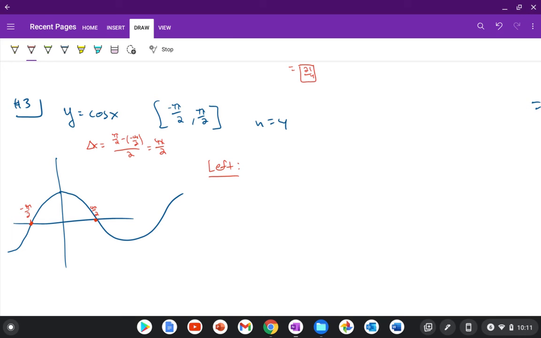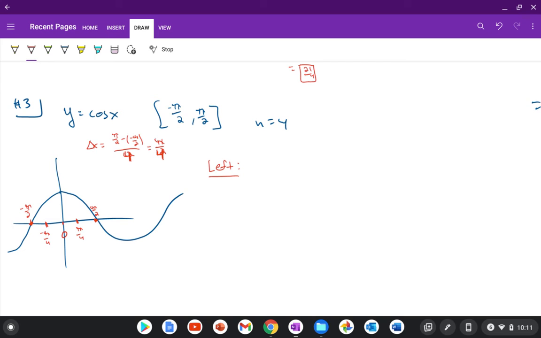So our delta x is pi over 2, which should make sense because if I'm dividing this up, we've got, sorry, that should be 4 on the bottom, not 2. Sorry about that. If I'm dividing this up, it should be divided into fourths. So this would be negative pi over 4. This would be 0, positive pi over 4, and then this is 2 pi over 4, or pi over 2.